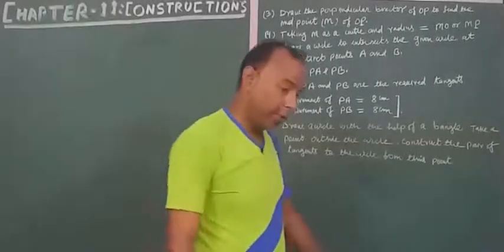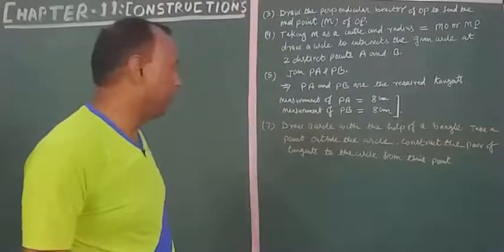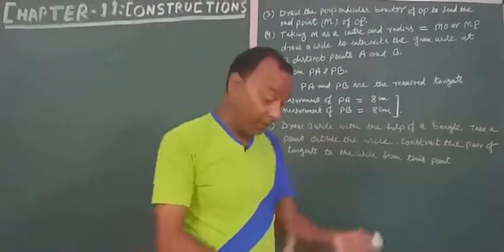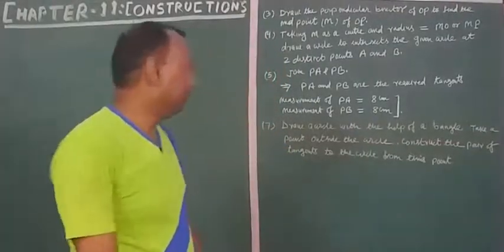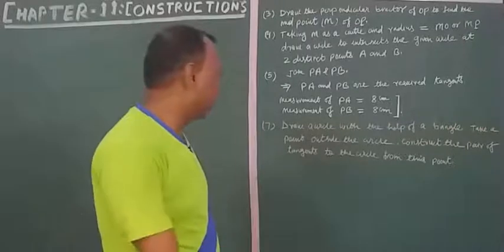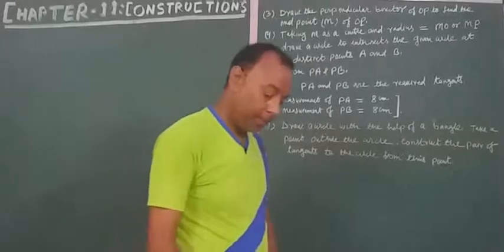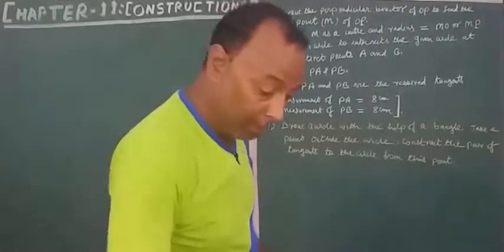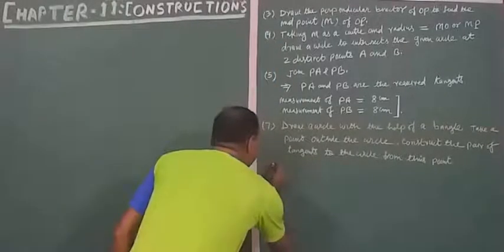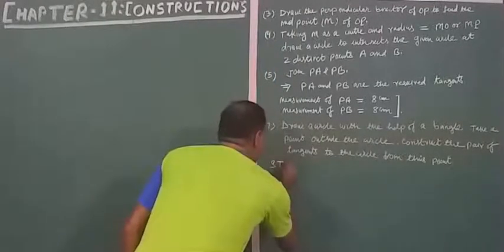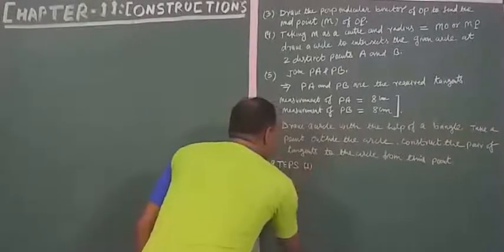Now just look at this question. We draw a circle with the help of a bangle. Bangle means this chudi. Take a point outside the circle and construct the pair of tangents to the circle from this point. So first, what we will do, just look at the steps. Step number 1.